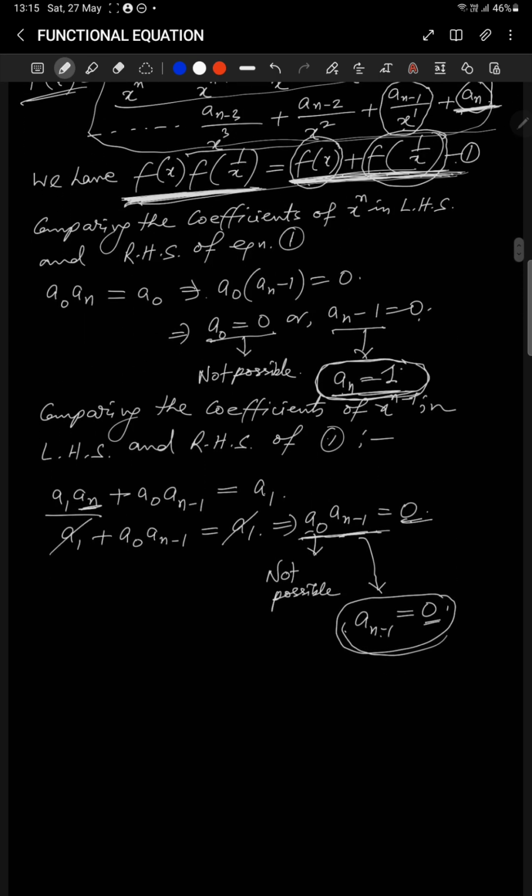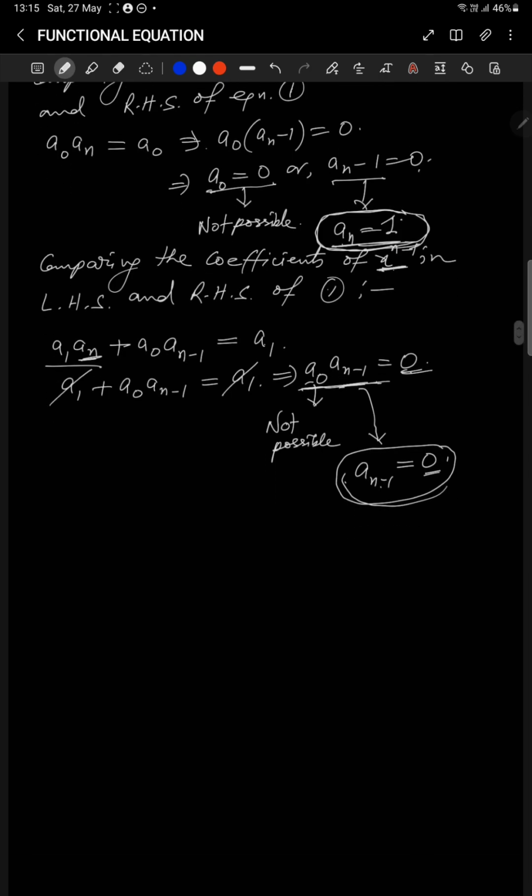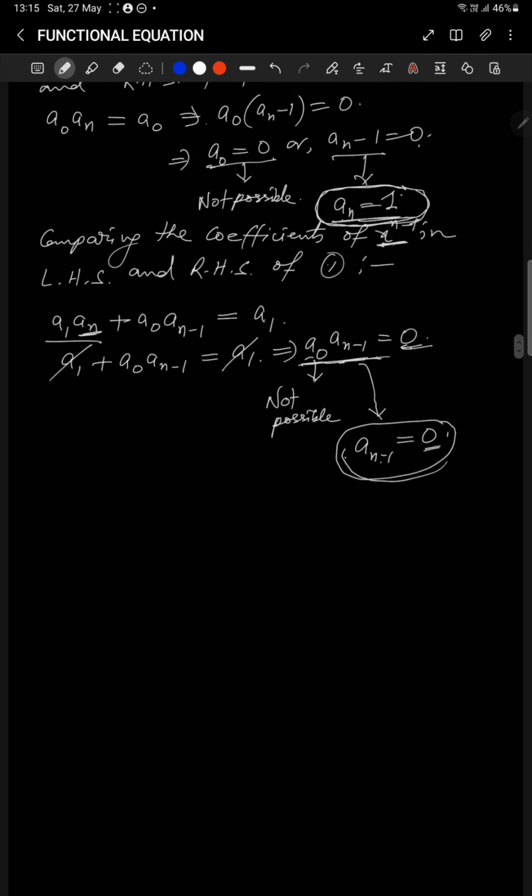Now next, let us compare the same way. We have started from x to the power n, compared the coefficients on LHS and RHS. Then we started with x to the power n minus 1, compared the coefficients in LHS and RHS. Now x to the power n minus 2, let us compare the coefficients in both the sides.